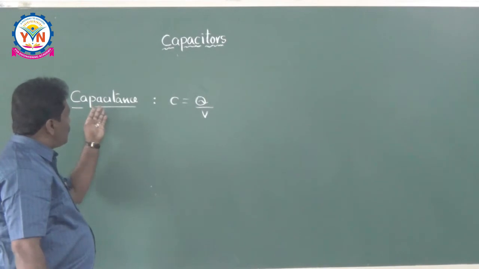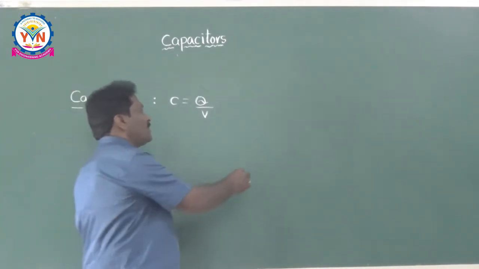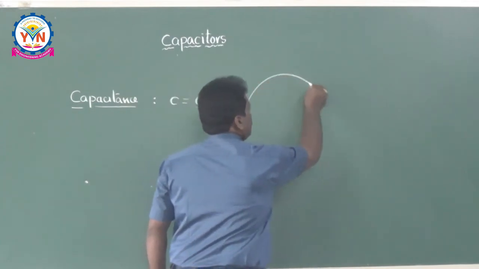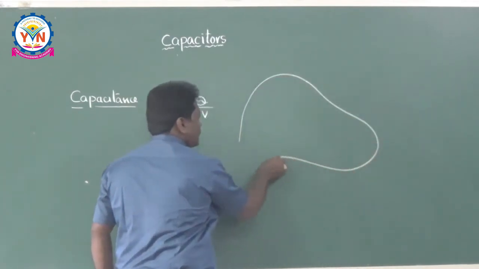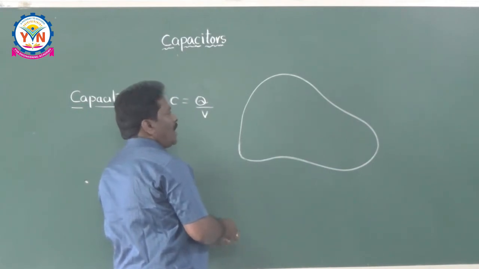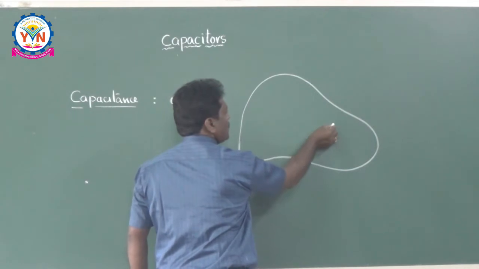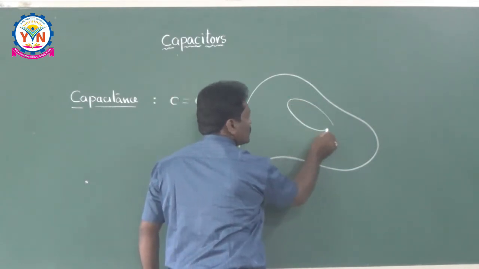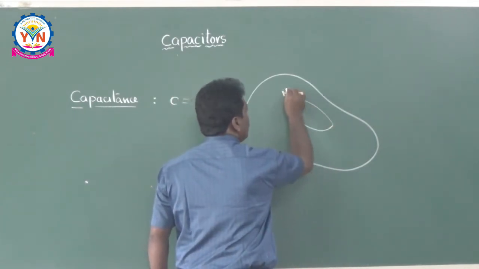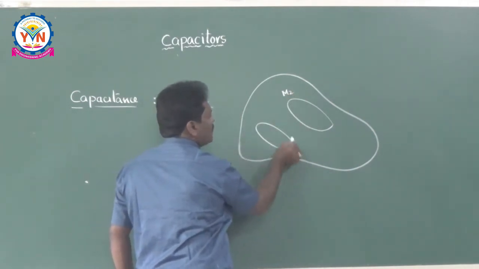So, to illustrate the concept of the capacitance, let us take a dielectric slab like this, in which I have embedded two conducting materials. Let us take this one portion, let me say this is M2, and one more conducting plate, this is nothing but M1.